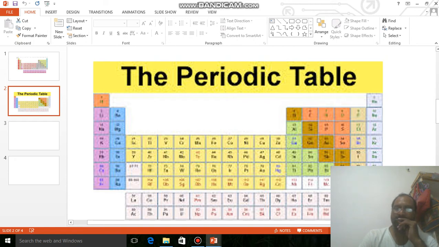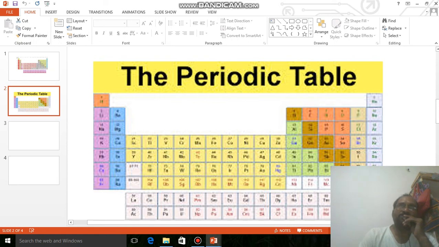So ns2 is common for all: np1 is third group, np2 fourth group, np3 fifth group, np4 sixth, np5 seventh, np6 eighth. Just remember, P block has 6 groups because the maximum capacity of p orbital is 6 only.